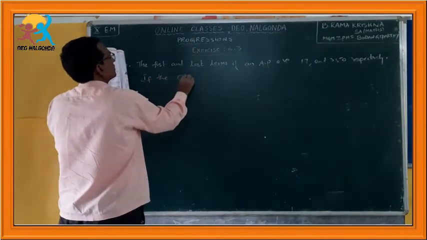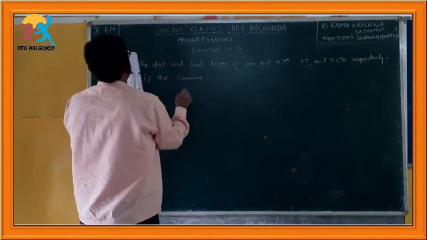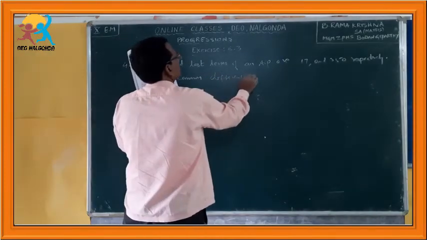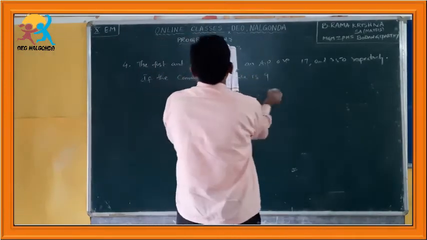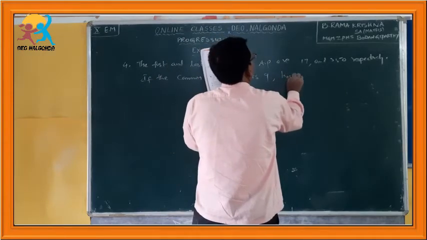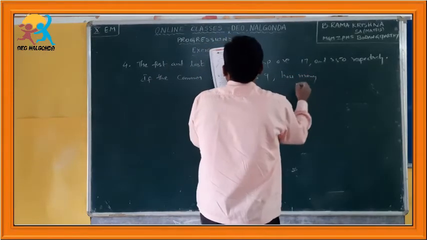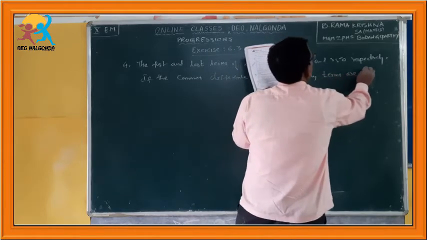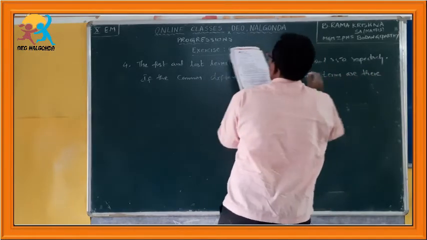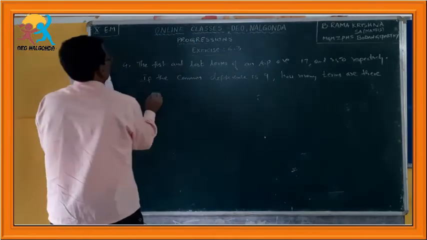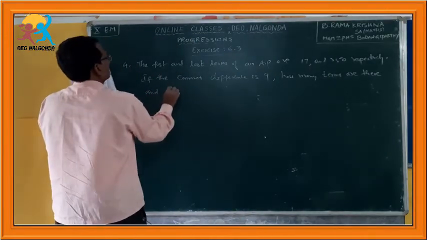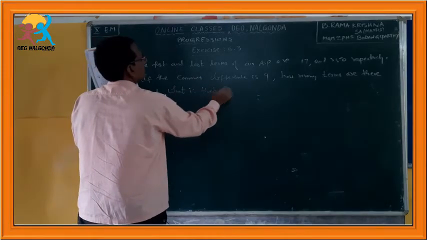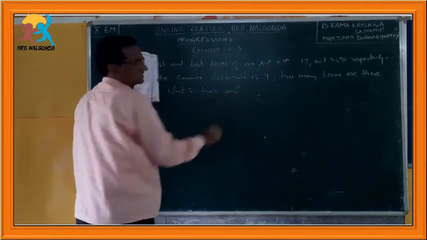If the common difference is 9, how many terms are there and what is their sum? This is the question.